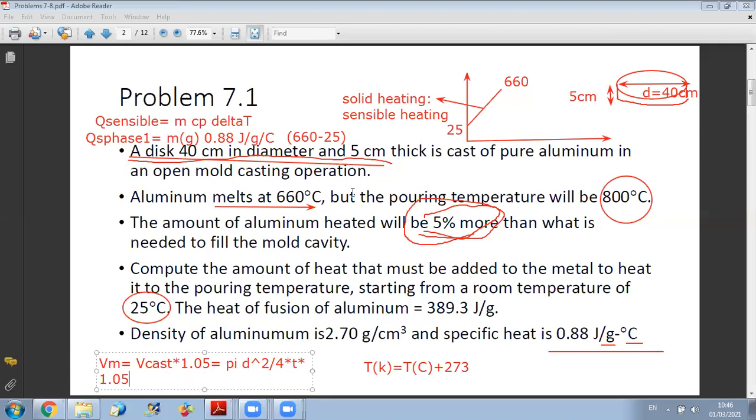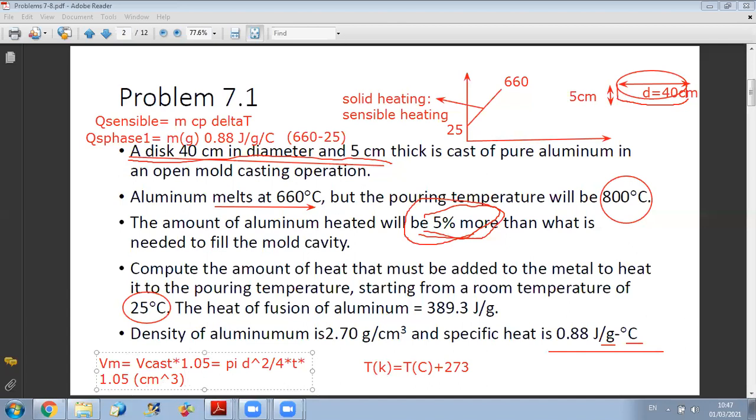And since the dimensions are in centimeter, I will get my volume in centimeter cubed. As you know, I want to obtain the mass of molten metal in gram. To have the mass in gram, I should multiply the volume by density. And since the density is in gram per centimeter cube, the volume should be in centimeter cube.